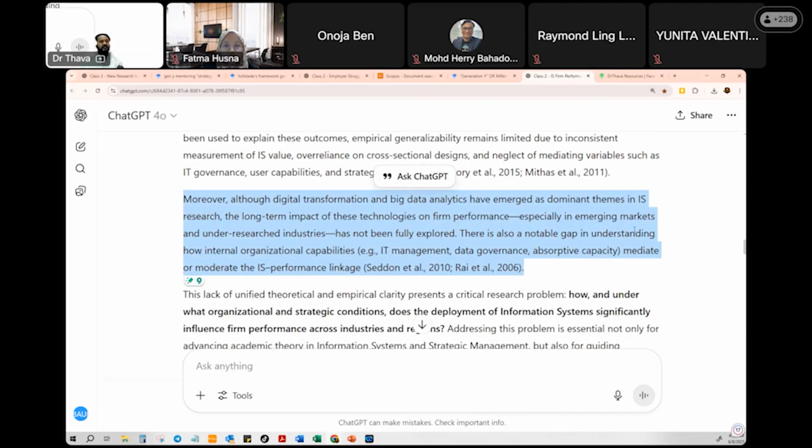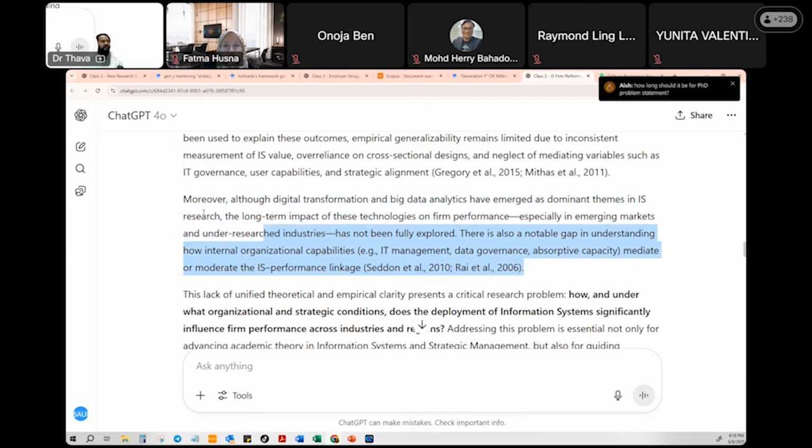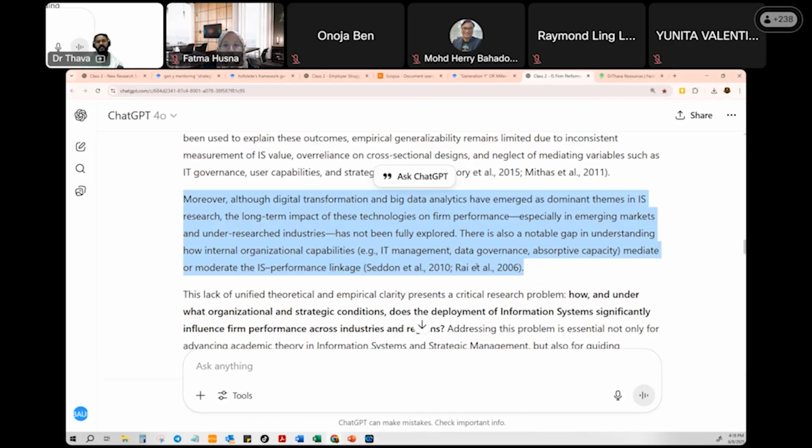There is also a notable gap in understanding how internal organizational capabilities, IT management, and data governance mediate or moderate the IS performance linkage. You see here, this is the most important paragraph in this whole write-up.